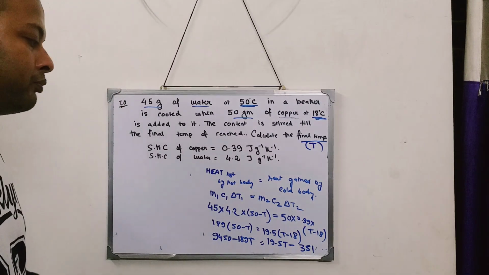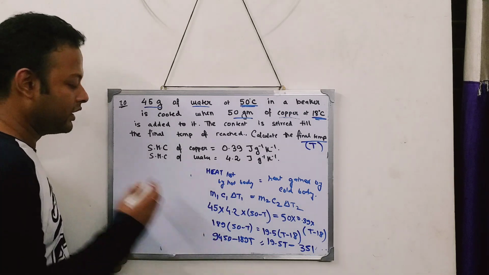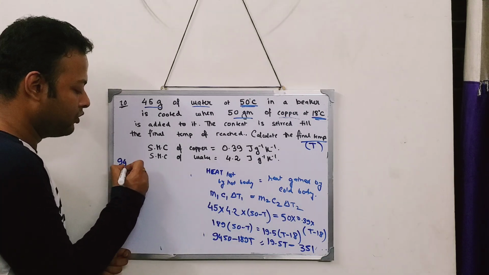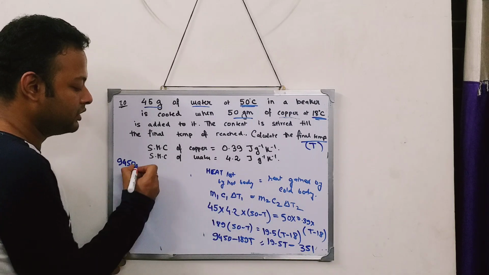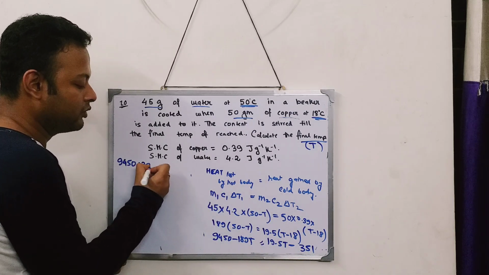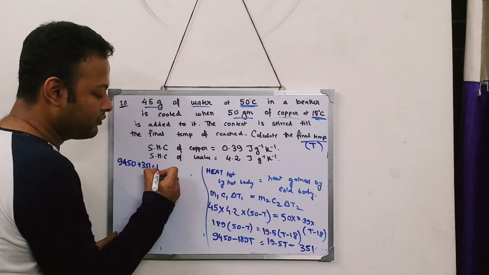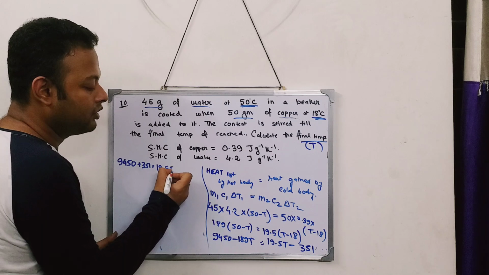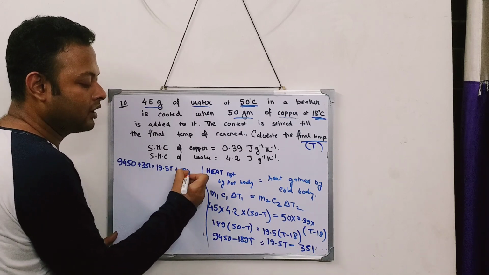Now you see, you bring the numbers together and the t's together. So it will be 9450, and this 351 comes to this side, plus 351 is equal to 19.5 t, and this value goes that side, 189 t.